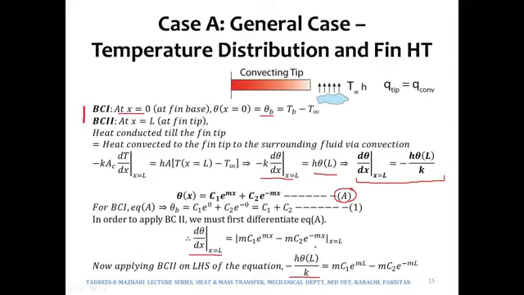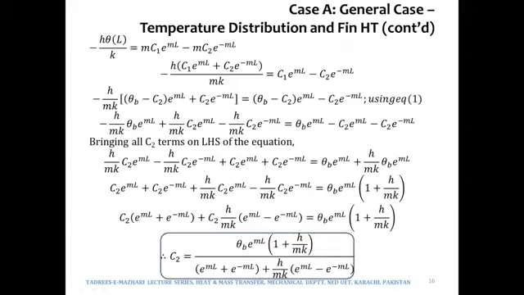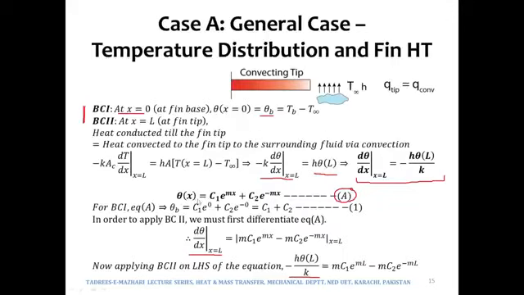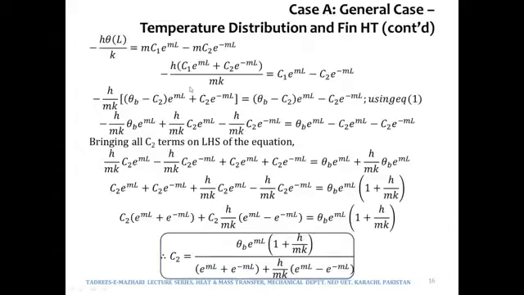Now the left hand side, which is minus h theta over k, in place of theta we will put C1 e to the power mx plus C2 e to the power minus mx, which is equation A, and since it is being evaluated at x equal to L, in place of x we will write L. So C1 e to the power mL plus C2 e to the power minus mL.